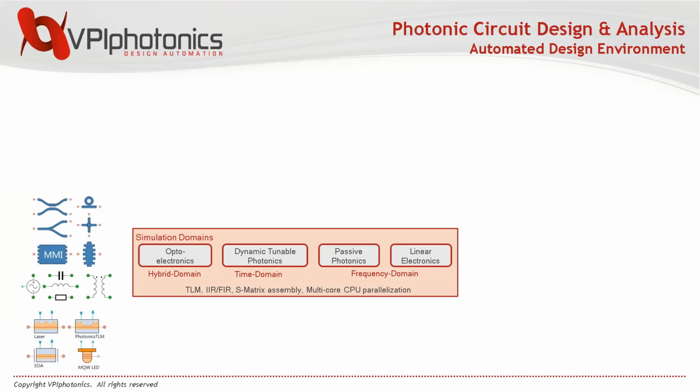Further, different simulation domains should be used depending on what you want to simulate. So, for example, passive photonic and linear electronic devices could be modeled accurately and fast using frequency domain, while it doesn't work for active and dynamically tunable devices, where we need to switch to time domain.